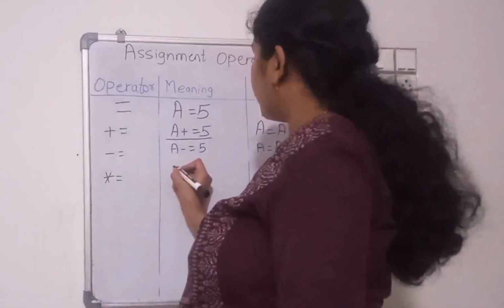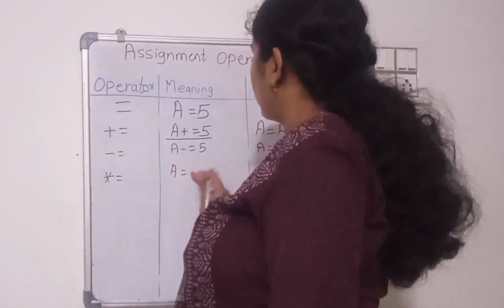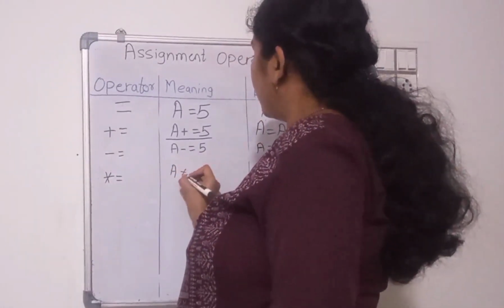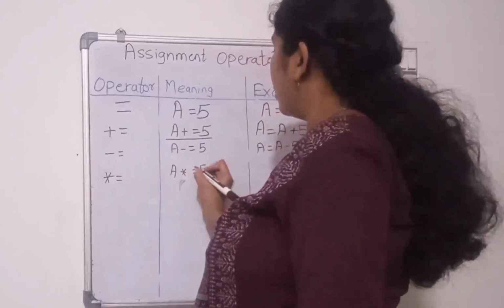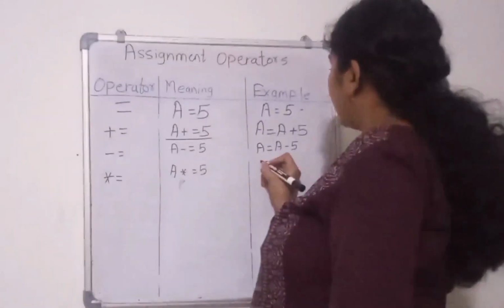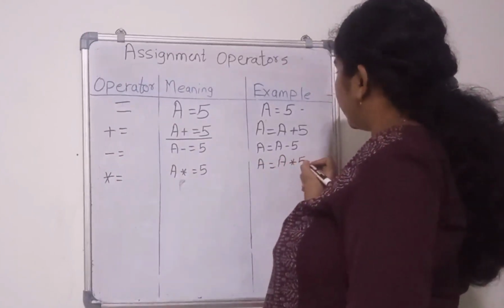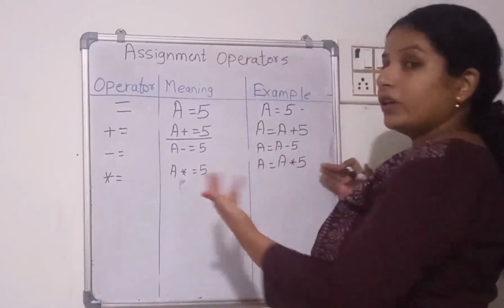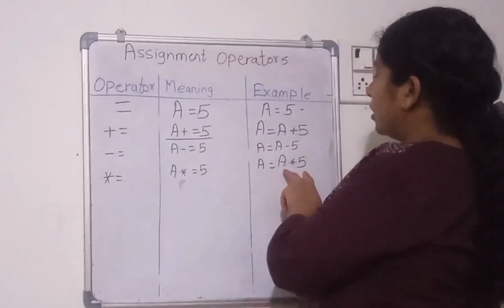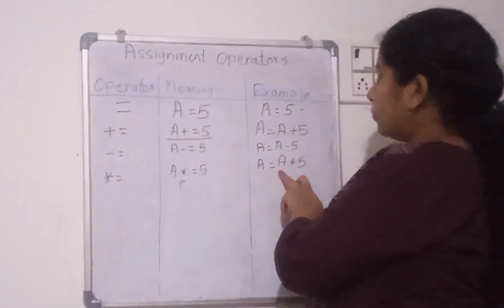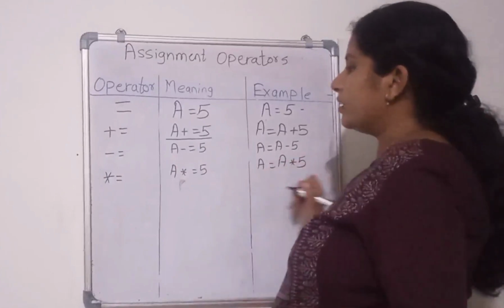Then the same with multiplication equal to: a *= 5, same as a = a * 5. Whatever your result will be, you are just using the previous a value multiplied by 5 and then you will get your result.